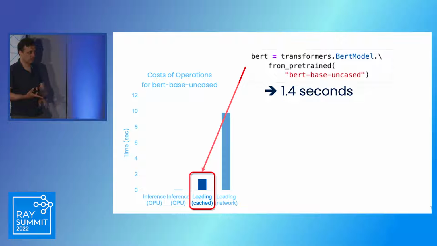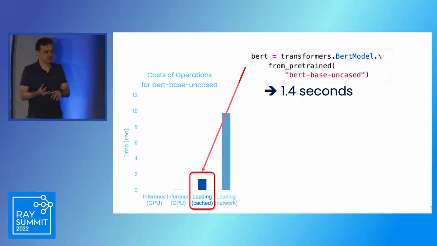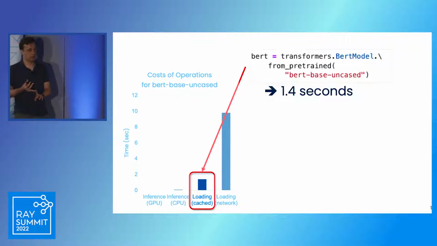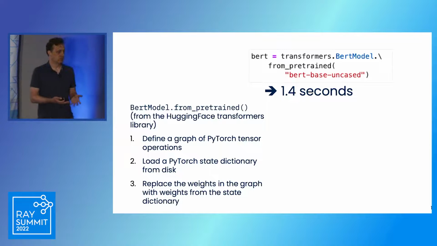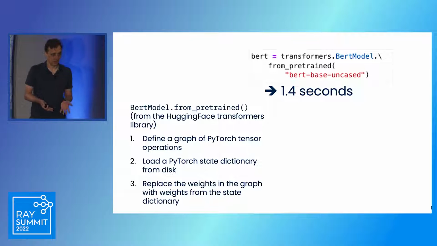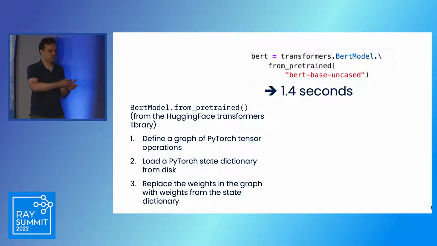This is a PyTorch model, a range of versions of the Transformers library that implements the graph, and a range of different versions of the model weights themselves. To get that portability, we load the model in a 3-step process. First, we instantiate the graph with some Python code, create that graph. Then we load a PyTorch state dictionary from local disk to get the weights. Then we plug those weights into the graph.